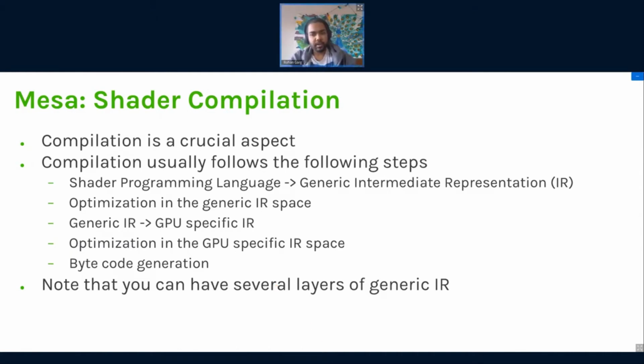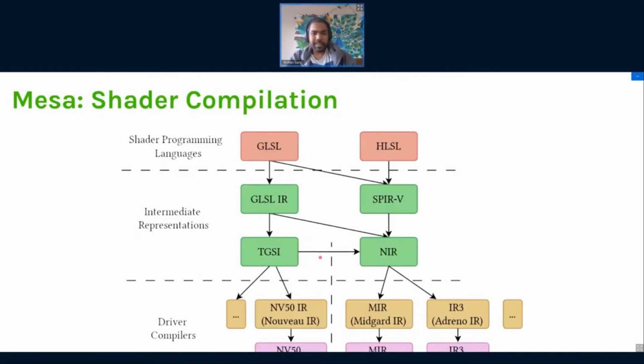So what does this actually look like? Kind of like this. Let's say you have a GLSL program, and the way it will work is that the GLSL will be converted into GLSL-IR or SPIR-V, for example. This GLSL-IR will then be converted into TGSI or NIR. And between each of these passes, there's also an optimization pass going on.